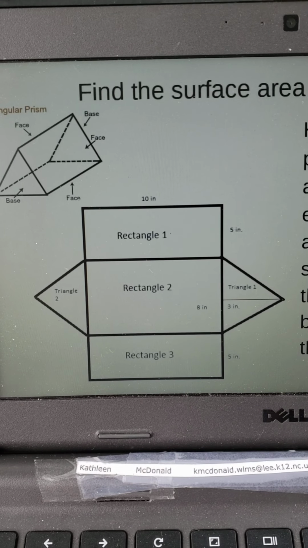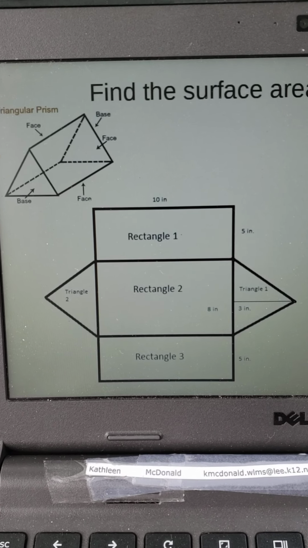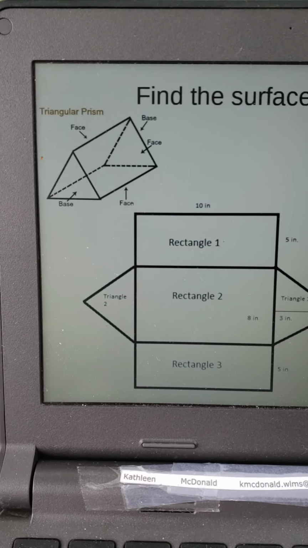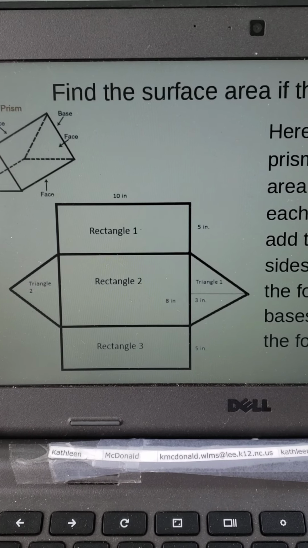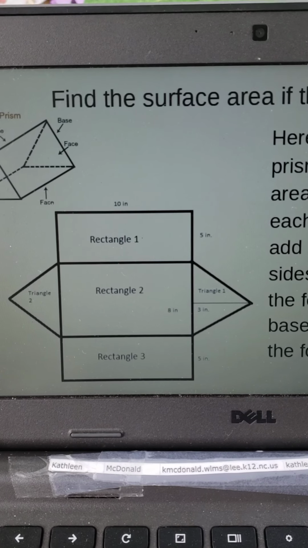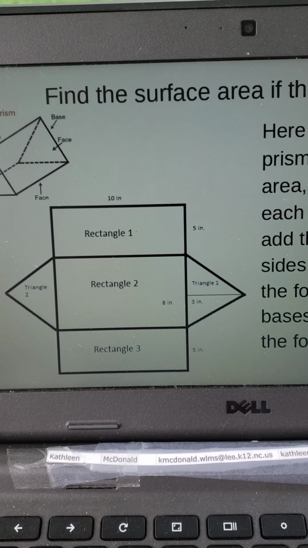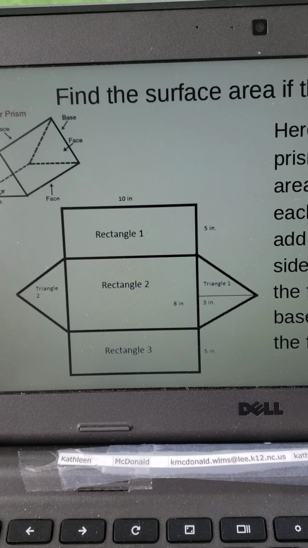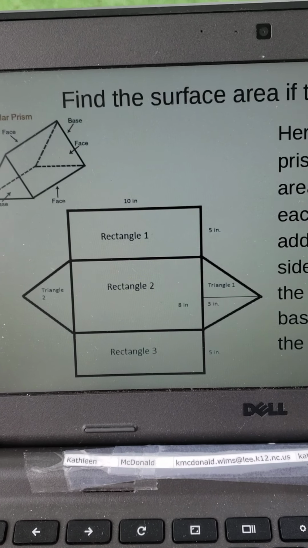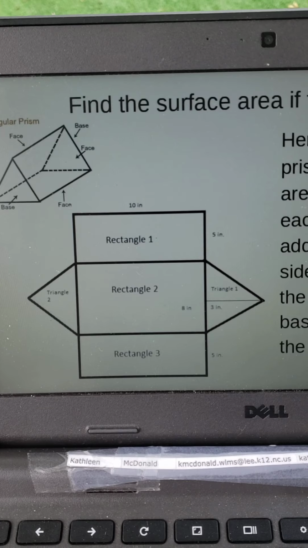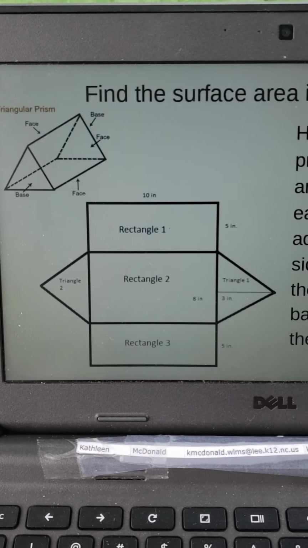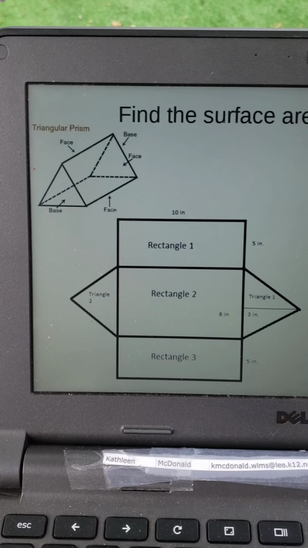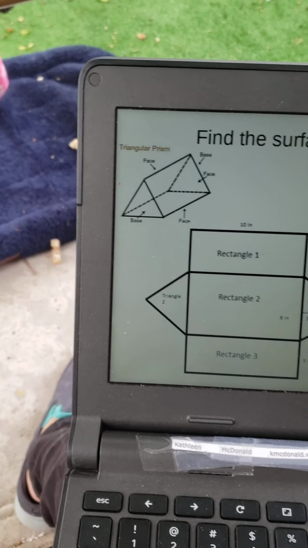It looks like that would be 10 and 8, so that would be 80. So the rectangles, you should have 80 plus 50 plus 50. And then the triangles are 3 and 8. So 1/2 times 3 times 8. Let's see here.